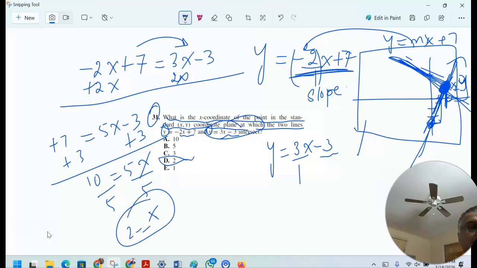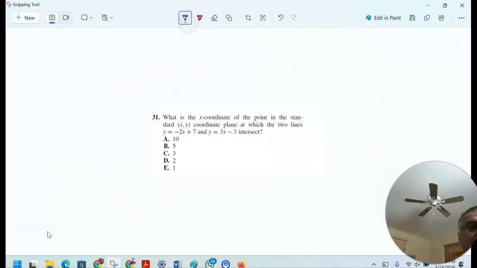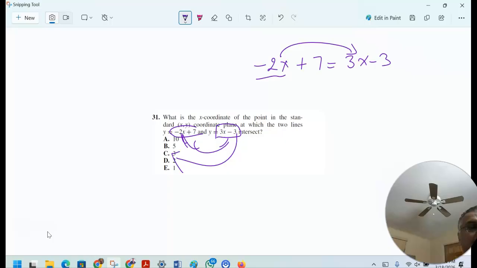Not difficult, but can you do it directly without showing all these steps? All you do is set this equal to this. You can quickly say, this minus 2x goes on this side, and this minus 3 goes on the other side, so you write the equation directly equal to 3x minus 3. As a shortcut, the minus 2x goes to the other side as 2x here, and the minus 3 goes to the other side.